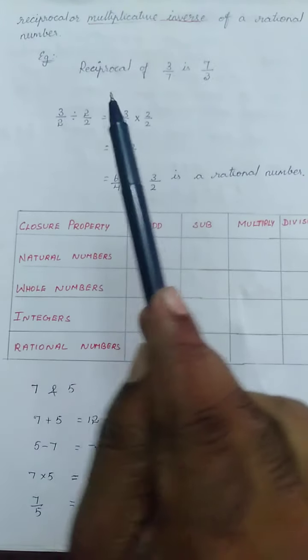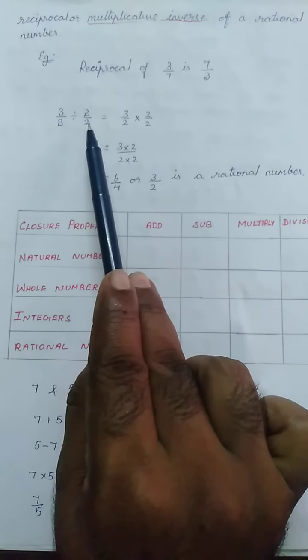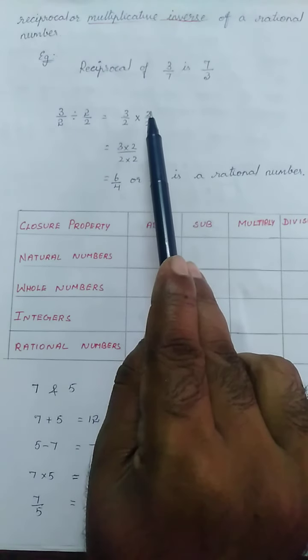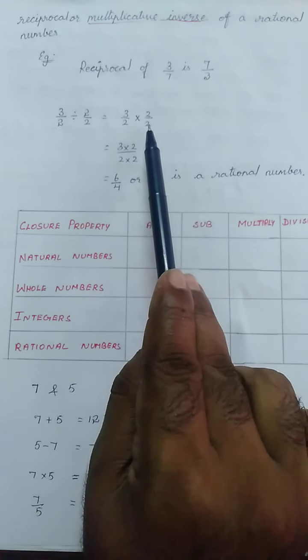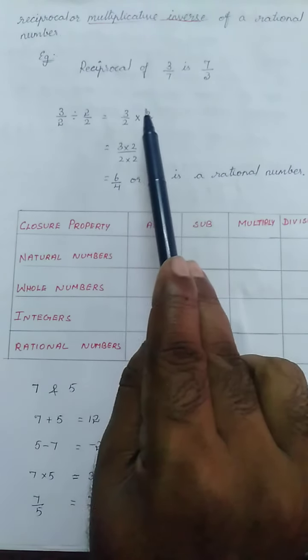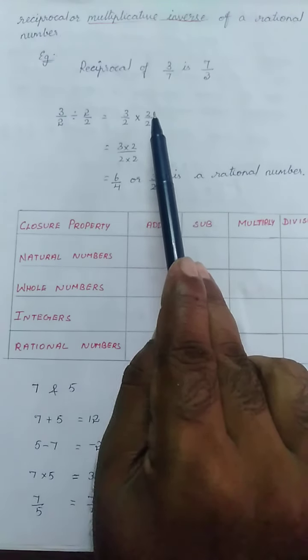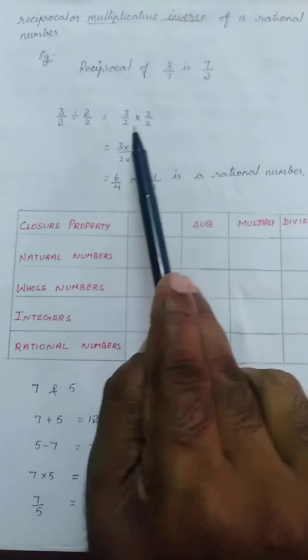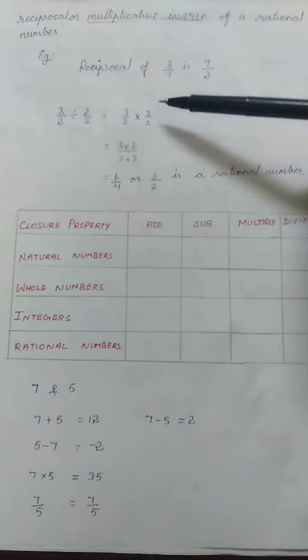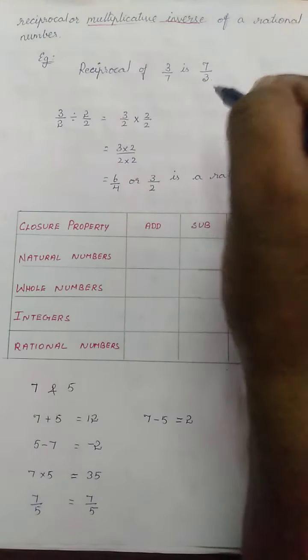So this 2 by 2 will be changed so that the numerator 2 becomes the denominator, and the denominator 2 becomes the numerator. Since it's the same number, you will not be able to see the change. Let me check with another number.